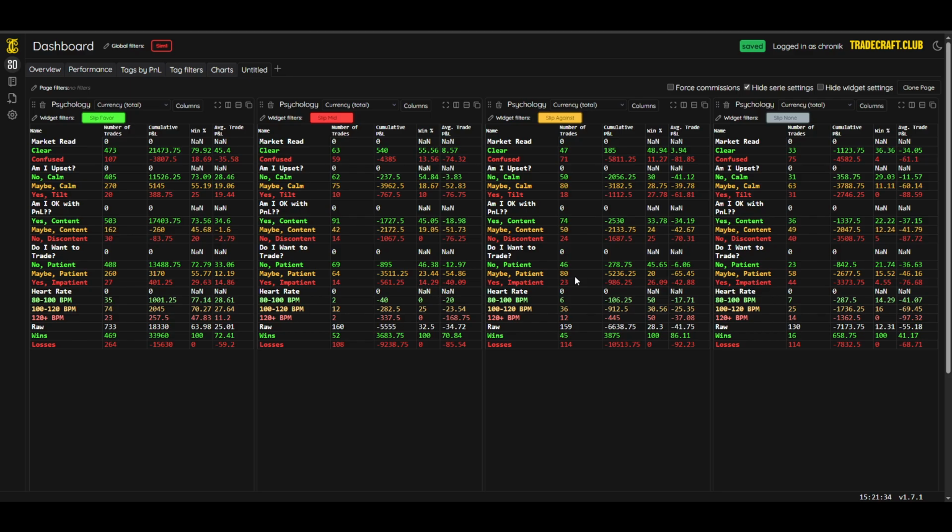The ratio is a lot more stable with slip favor. Seems like most of your heart rate is in the 100s. Yeah, it usually is. My resting heart rate is usually around 90, but when I'm placing a trade, it's usually around 100. If I'm on tilt and really anxious, it's like 120, 130.